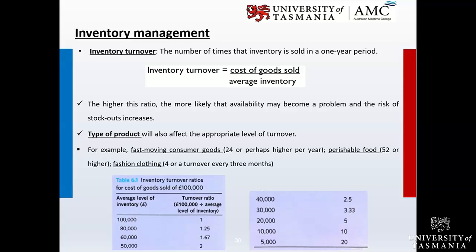We look at this table, the turnover ratios. It shows the relationship between average inventory and the turnover. So for different companies and for different types of product, the company should determine a suitable turnover to make their replenishment plans.